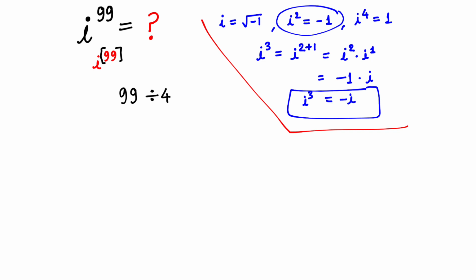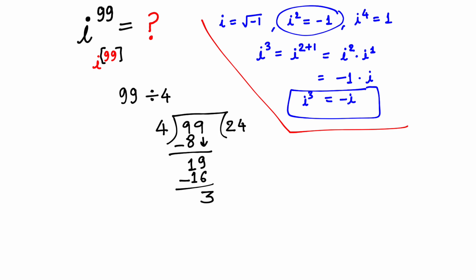Let's divide it using the long division method. So 99 is divided by 4. 4 2s are 8, and then we subtract, we get 1, and then we bring down the 9, and 4 4s are 16. Then we subtract and we are left with 3.